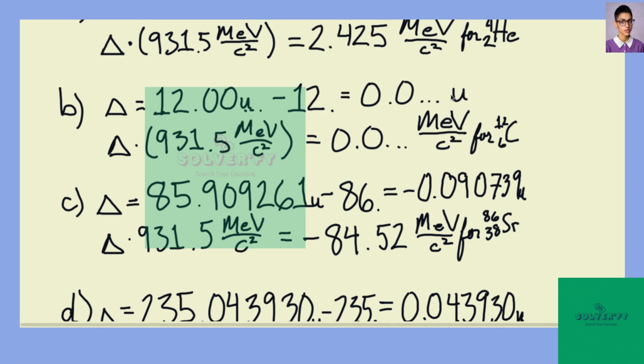Again, it's the reference point for atomic mass units. We multiply the mass excess in atomic mass units by our conversion factor, and we end up, again, with 0.000 mega electron volts per square of speed of light for carbon-12.